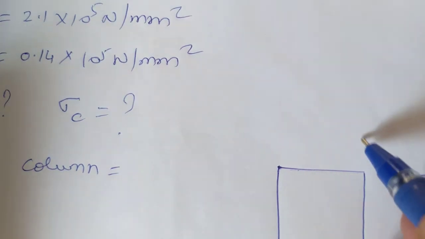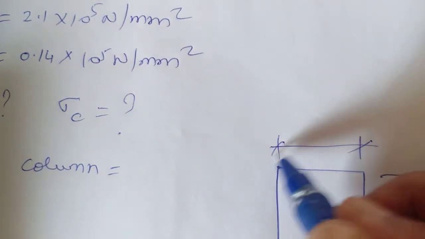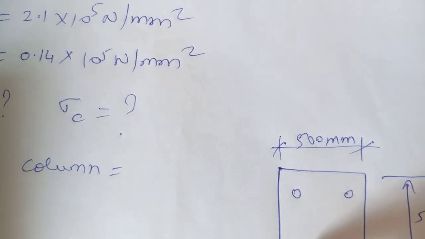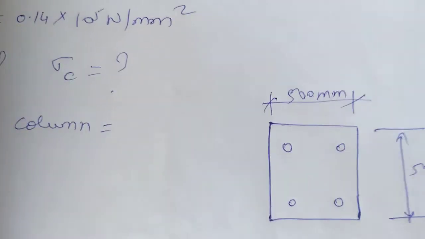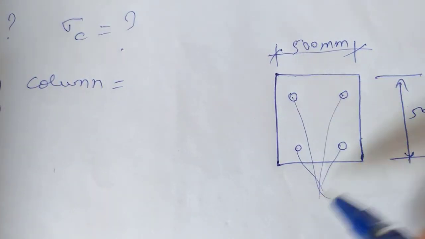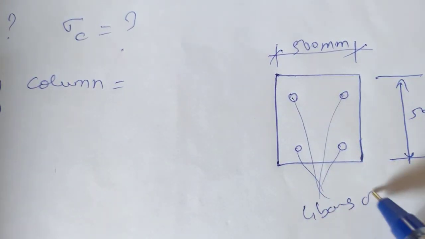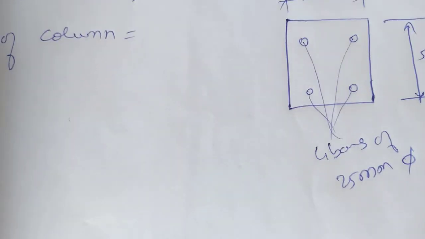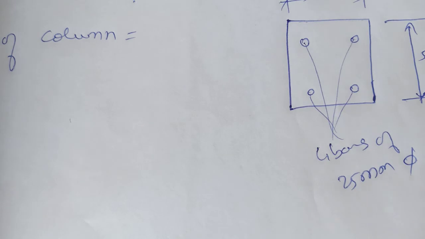So I am writing the dimension. So one bar is at each corner. You can see it in the diagram. These are 4 bars of 25 mm dia. So you draw the diagram.